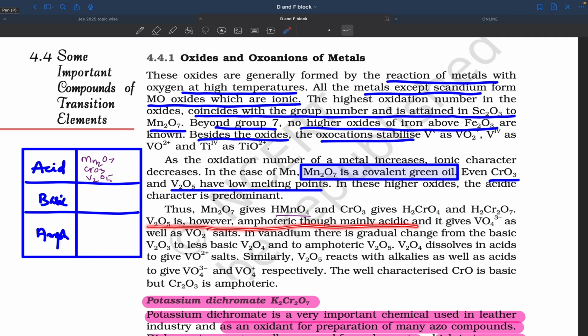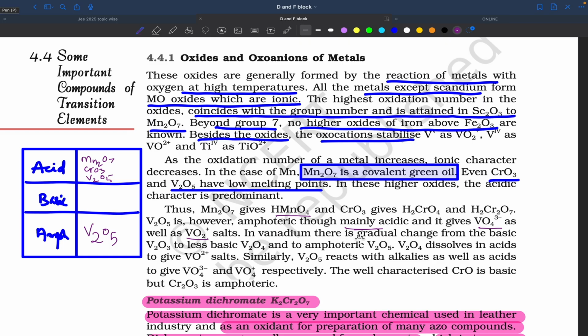So what is the meaning of this point? Tell me. So he says to put V2O5 in 2 places, right? So V2O5 can also be amphoteric, though mainly acidic, it is both. It gives VO4 3 minus as well as VO2 plus salts.